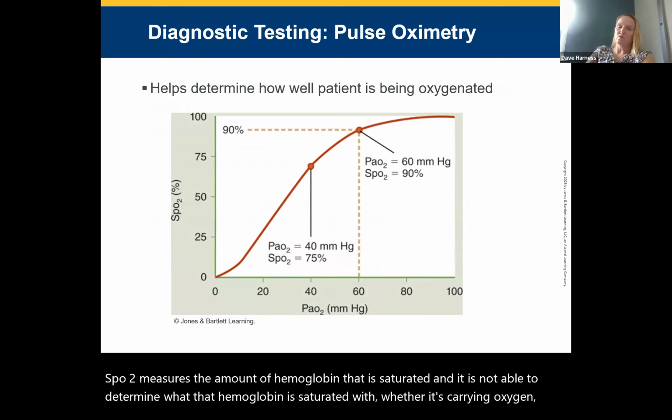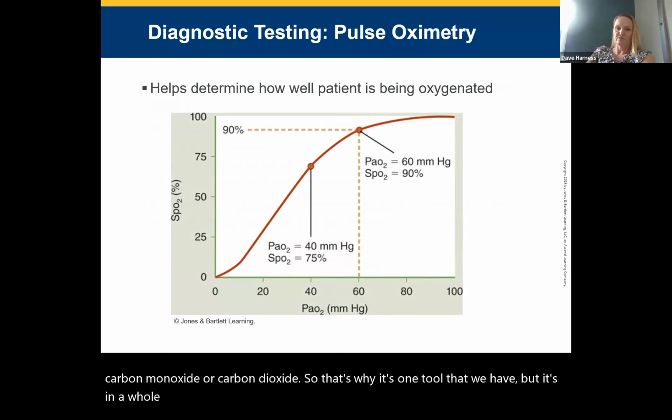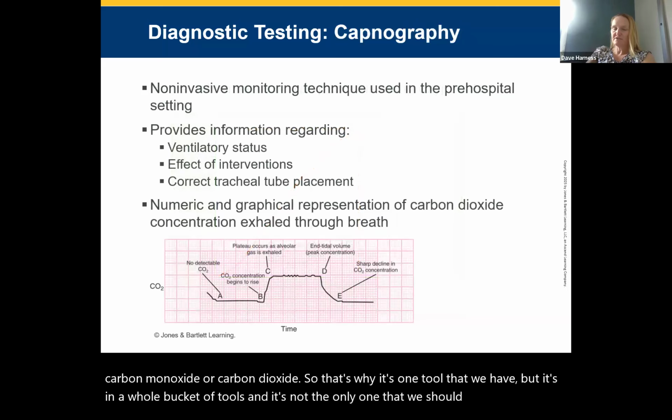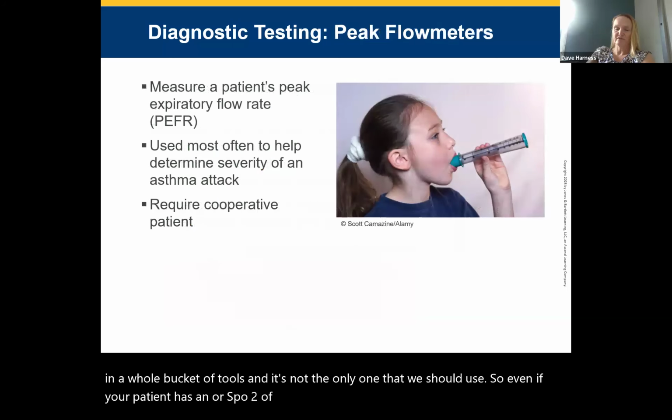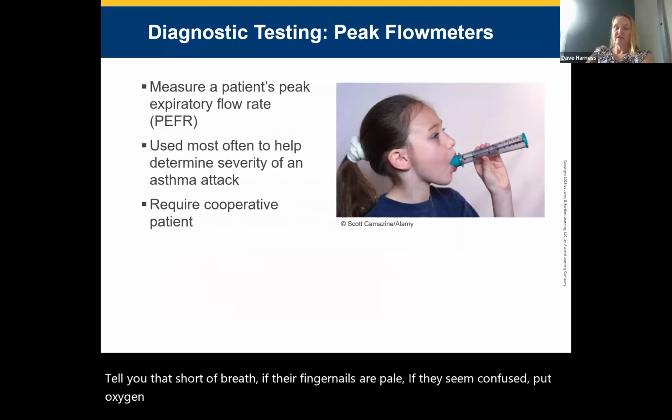So that's why it's one tool that we have, but it's in a whole bucket of tools, and it's not the only one that we should use. So even if your patient has an SpO2 of 93%, if they tell you they're short of breath, if their fingernails are pale, if they seem confused, put oxygen on them and err on the side of caution.